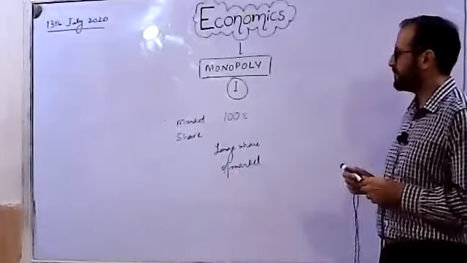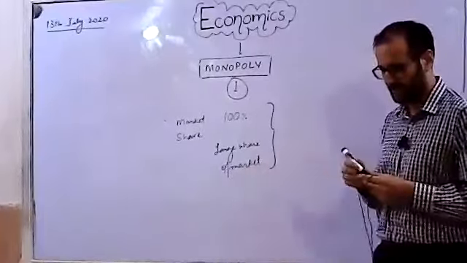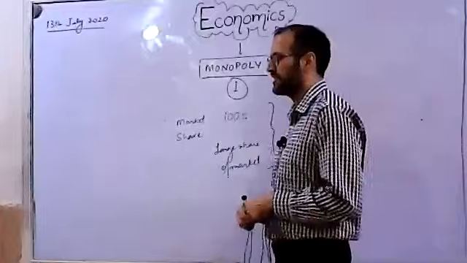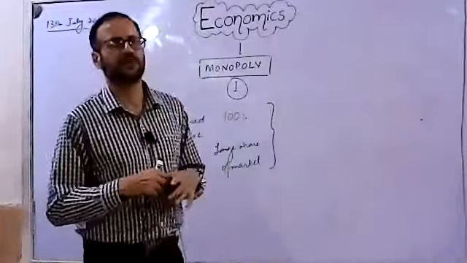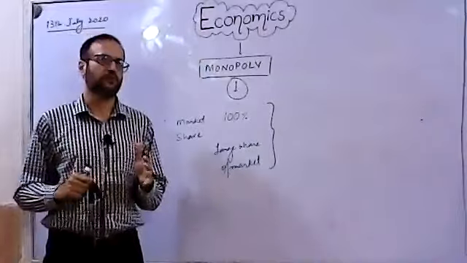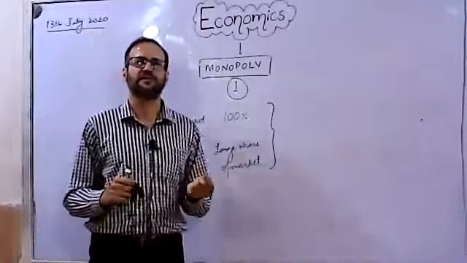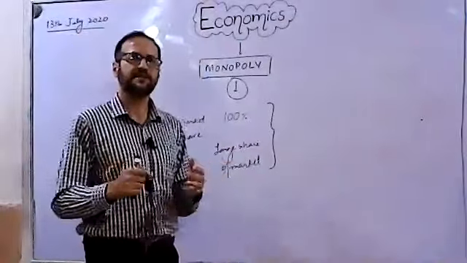Now, what are the examples which we could see immediately? Just consider our own country: who do you think is the only one providing a product to the whole economy? Any guesses?